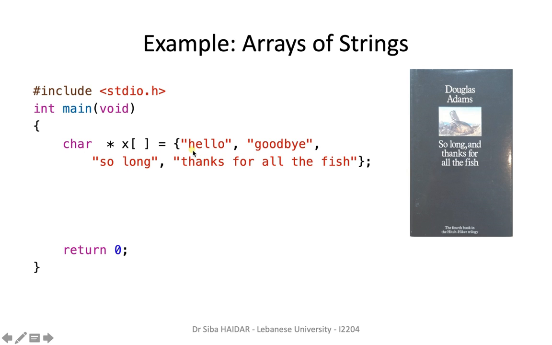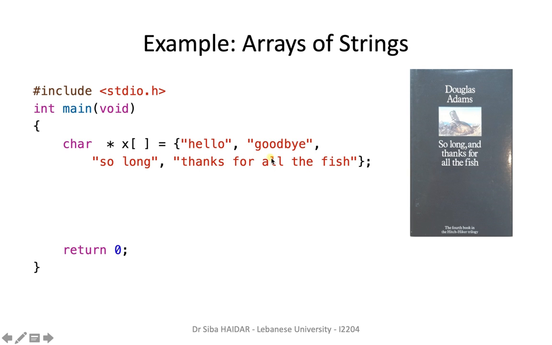So we will initialize directly this array of strings. We will give all the strings, so it will be an array of size 1, 2, 3, 4 elements. Each element is a char star directly initialized, so each element is a constant. So we will put hello, goodbye, so long, thanks for the fish. You can see and notice that those strings don't have exactly the same size.